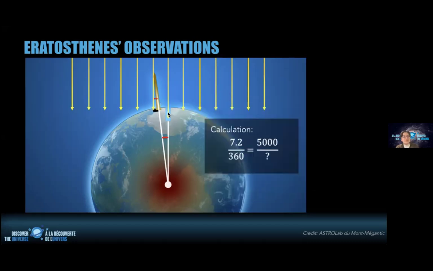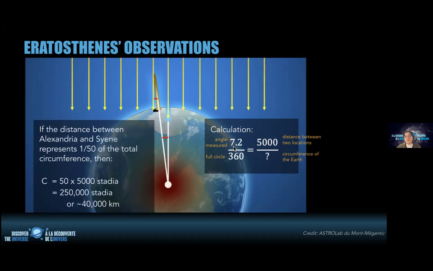He was able to do the calculation where 7.2 divided by 360 is the ratio of the angle he measured to a full circle. And with 5,000 stadia as the distance, he can determine the entire circumference of the Earth based off of this fraction. So again, the angle he measured divided by a full circle equals the distance between the two locations divided by the circumference of the Earth.